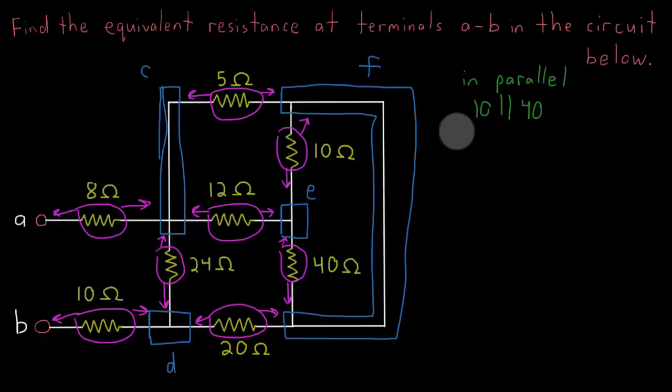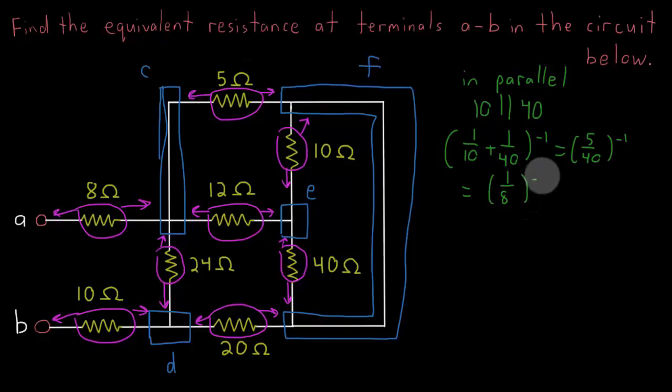In order to do that, we take the inverse of the sum of the inverses: 1 over 10 plus 1 over 40, and then take the inverse of that. We multiply 1 over 10 by 4 on both the numerator and denominator, so we get 4 over 40 plus 1 over 40, which is 5 over 40. This simplifies to 1 over 8, and taking the inverse of that equals 8 ohms for our combined resistance.